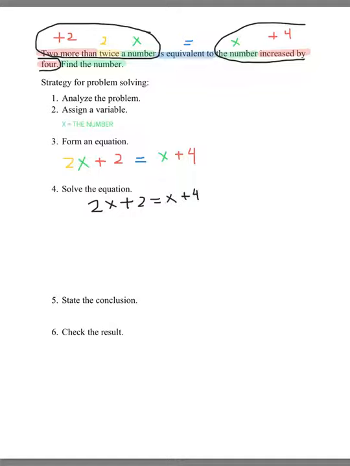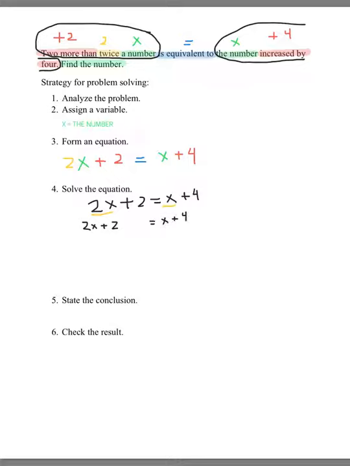Then again, we have x's on the left and the right, so we want to get them both to one side. I'm going to subtract the smaller one from the bigger one. That is, I'm going to subtract x from both sides instead of 2x's. So we'll have 2x plus 2 is equal to x plus 4.